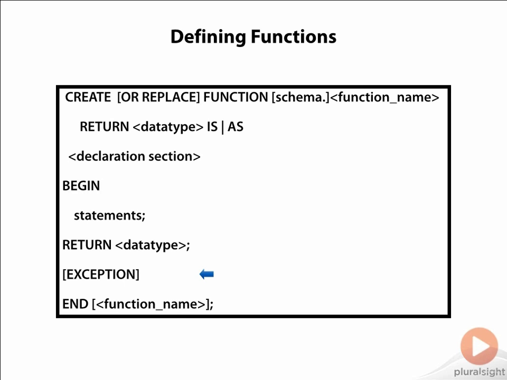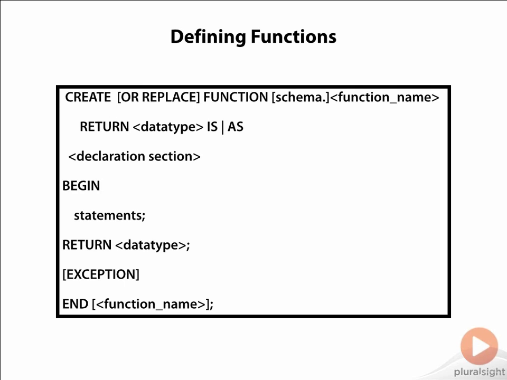But if an exception is raised and handled by the exception handler and there is no raise keyword as well as no value returned over there, then Oracle will raise a runtime exception of ORA-06503 with a message function returned without a value. This is the simplest form of defining a function.